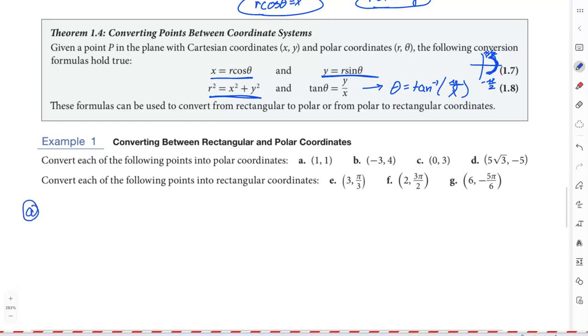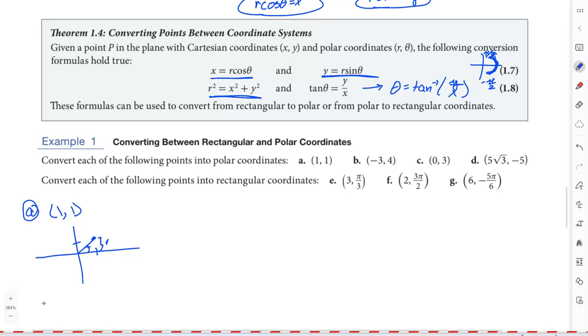In part A, they're asking us to convert these to polar coordinates. The first one is the point (1, 1). So I'm going to think about where that point lives. That point lives in the first quadrant. So my angle would be the angle between the positive x-axis and the line segment that would connect (1, 1) to the origin.